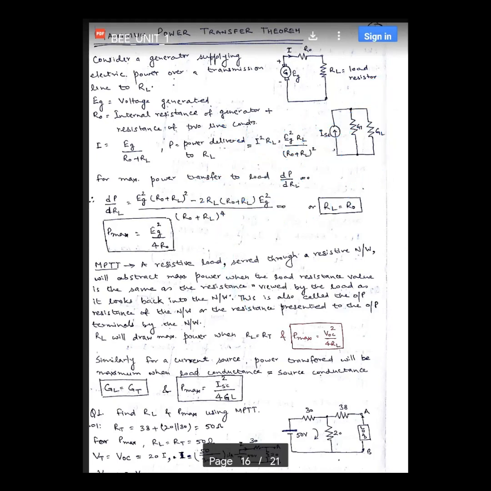But if the transmission level is up, then this generator is also used to supply DC power or DC voltage for the transmission lines. And what will it serve? It will serve the load.